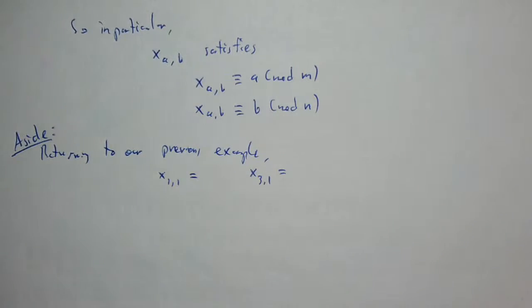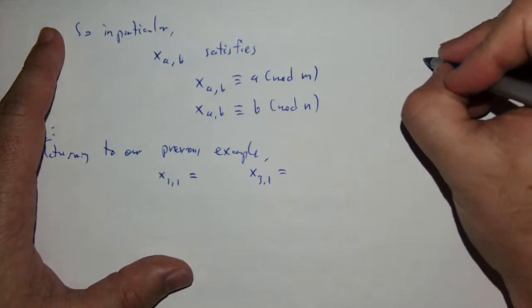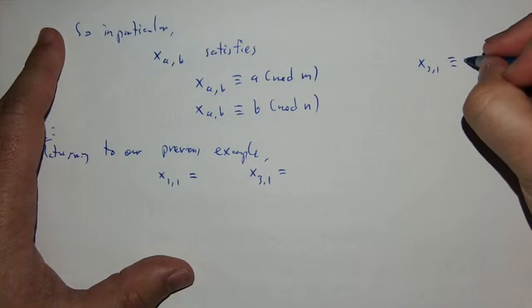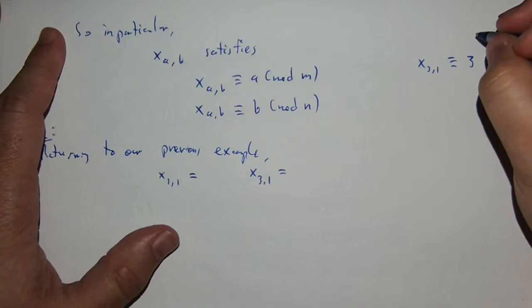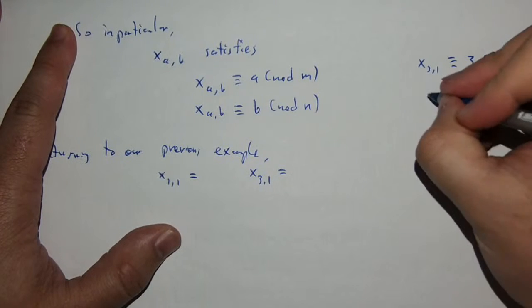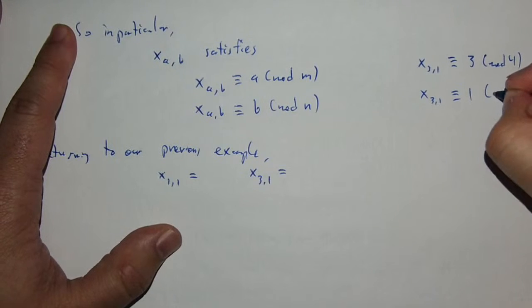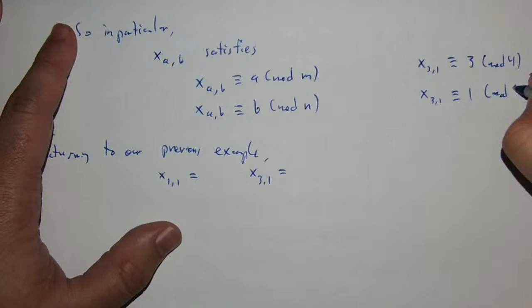Let's go aside here. x sub 3, 1 would need to satisfy being congruent to 3 mod 4, and it would need to be congruent to 1 mod 5, right?